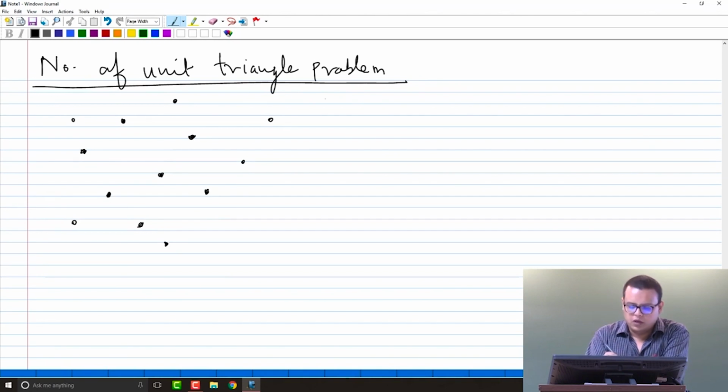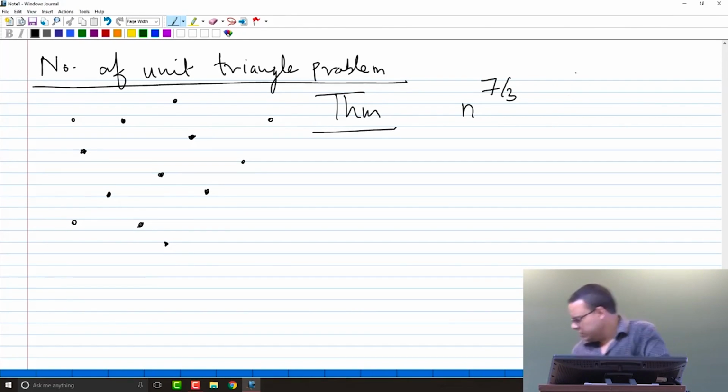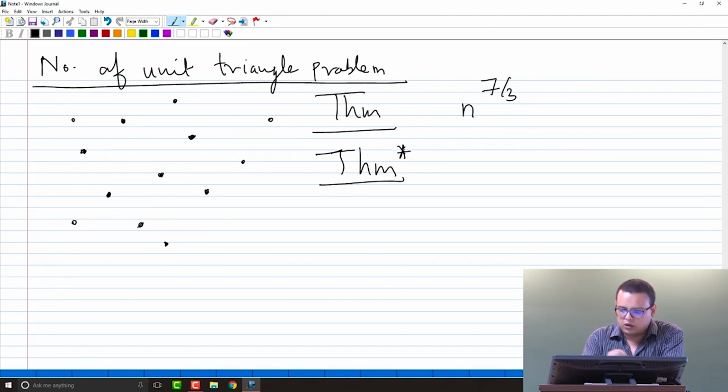Okay. So let me give you the theorem that we will be proving. It is n to the power 7 by 3. This is due to, okay, the reference I forget. If I remember, it was with Janos and I forgot. So this was Sharir, Janos and someone. More recently, Sharir with Raz improved the bound to something like this.